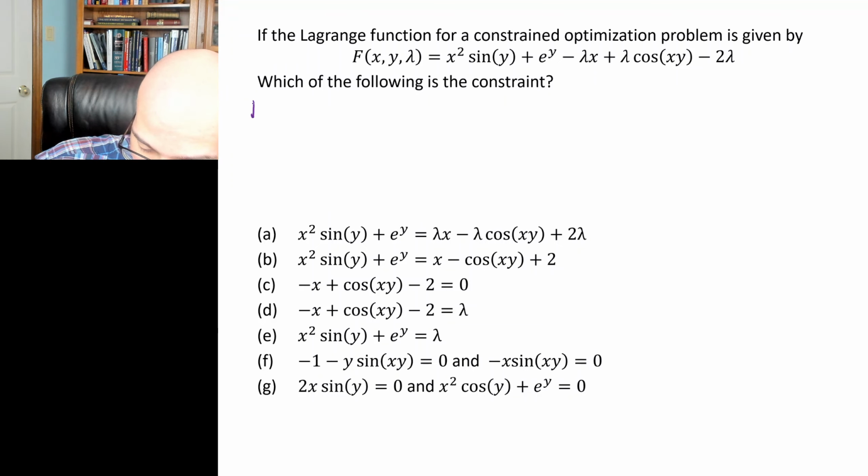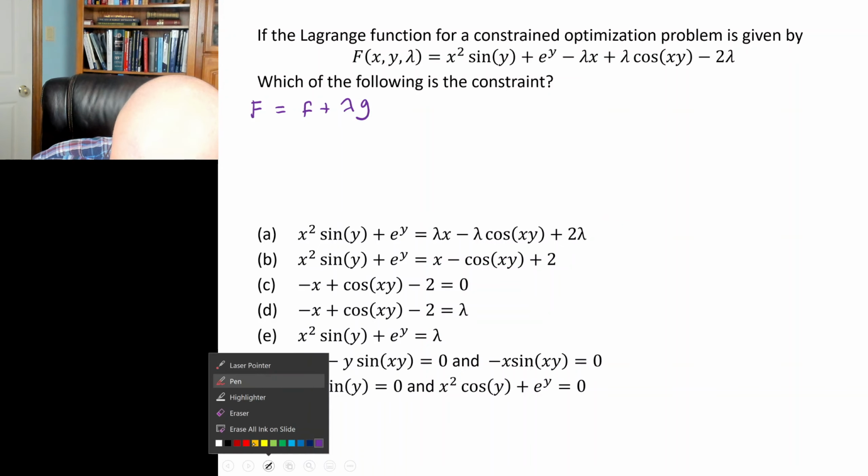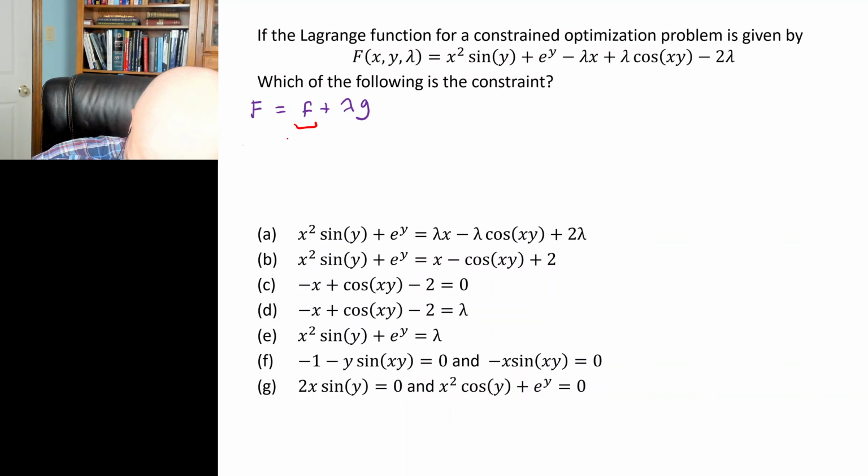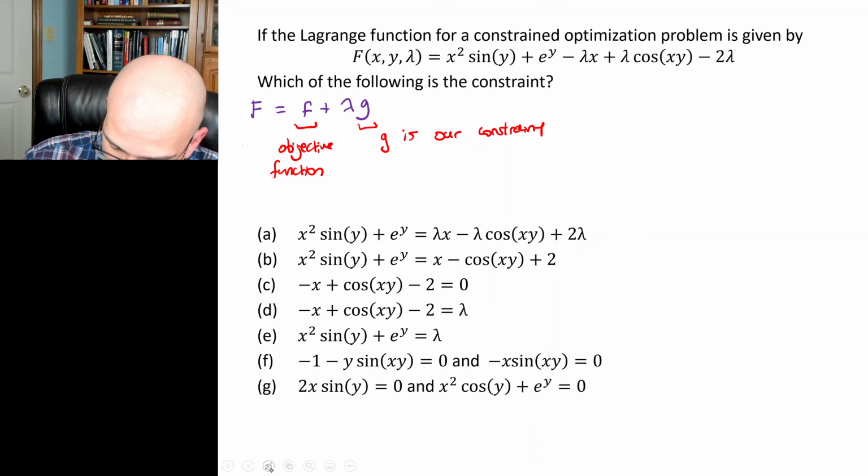So we have to know what the form of the Lagrange problem is. Lagrange function has the following form. F is equal to our objective function, little f, plus lambda times g. So little f is our objective, and g is our constraint. So judging from this, we can rewrite our expression.